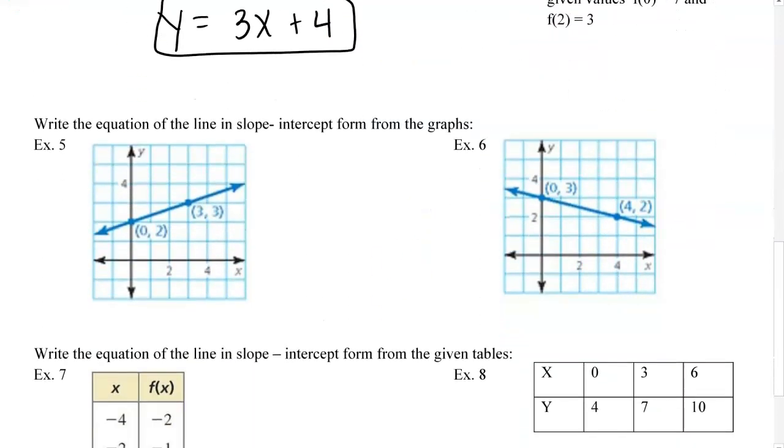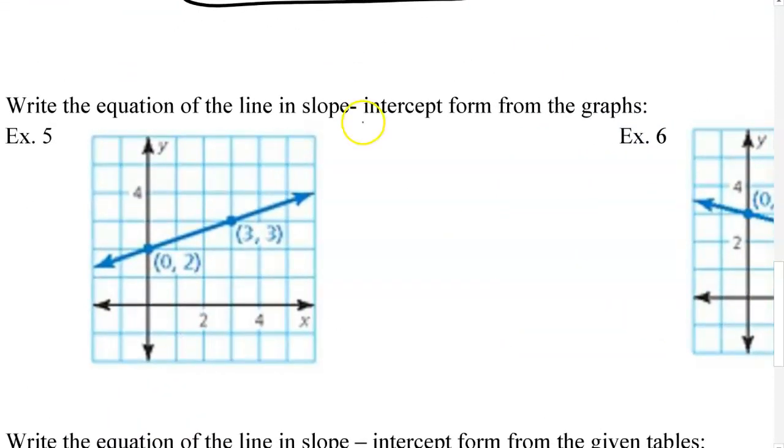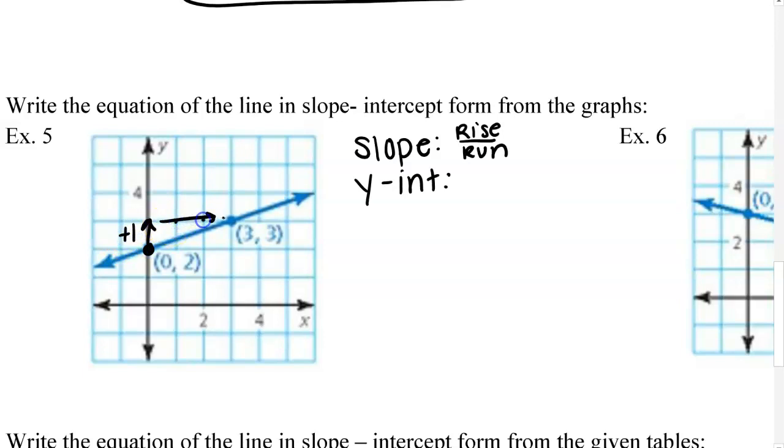If we are given a graph, we still need a slope from the graph, and we need a y-intercept from the graph. So the slope, we're going to use rise over run. If I start at this point, 0, 2, I would rise 1, and the run would be 3.